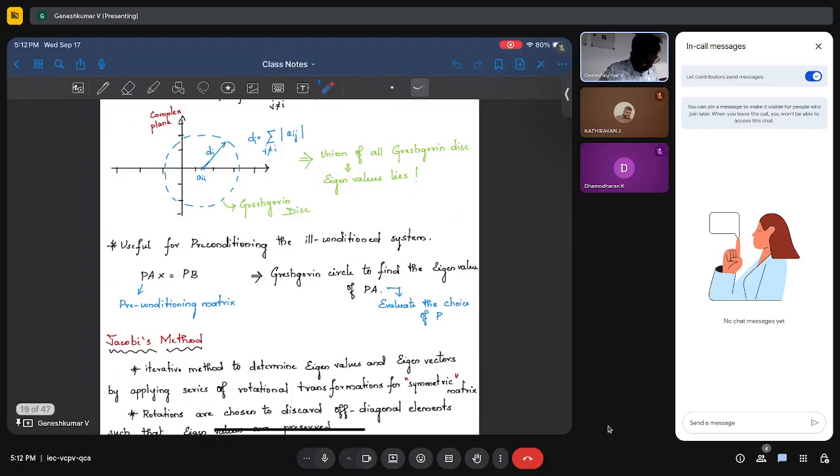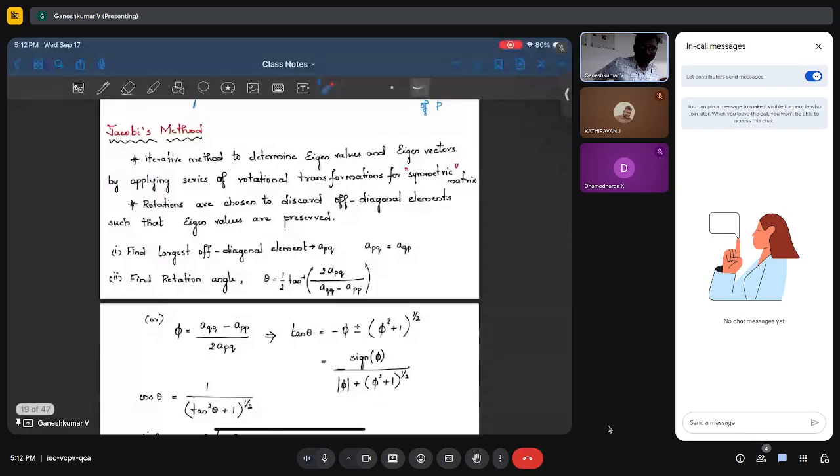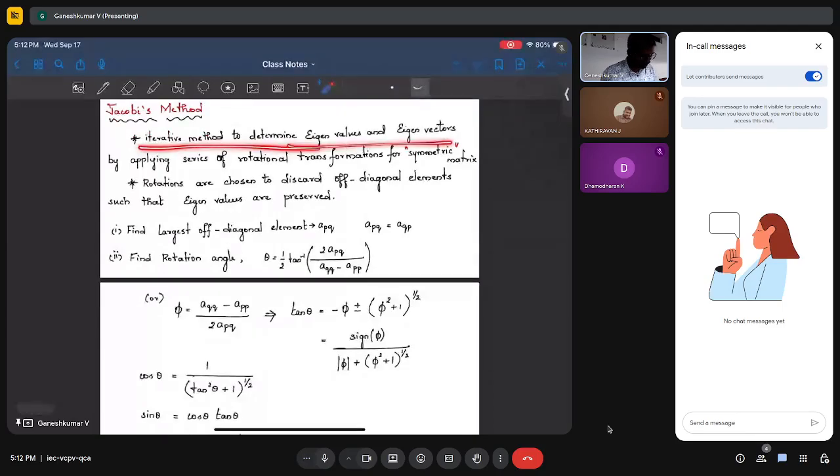All right, so all these things we are studying because we want to find eigenvalues. The first method is Jacobi's method. Jacobi's method is an iterative method to determine eigenvalues and eigenvectors, and we do it by applying a series of rotational transformations.